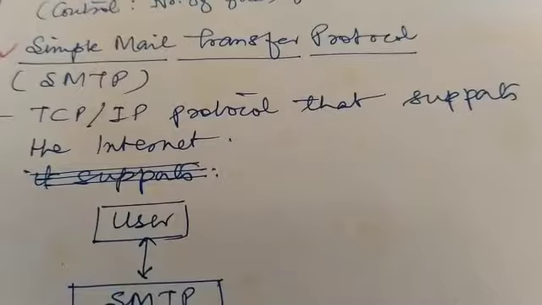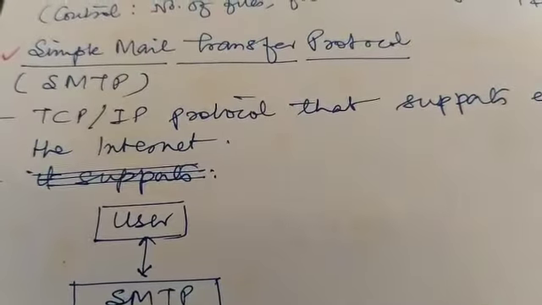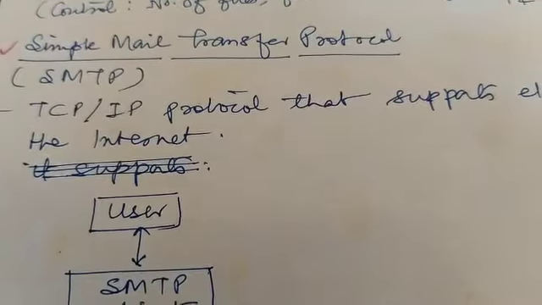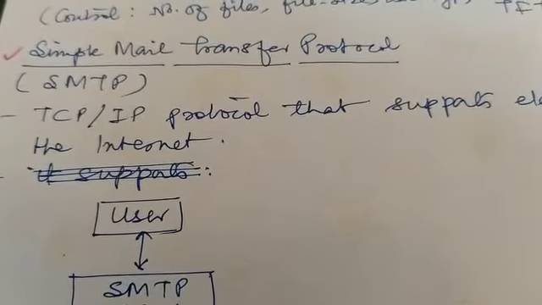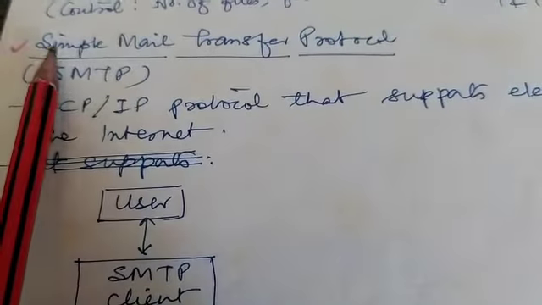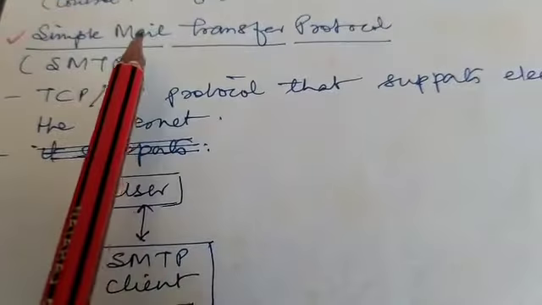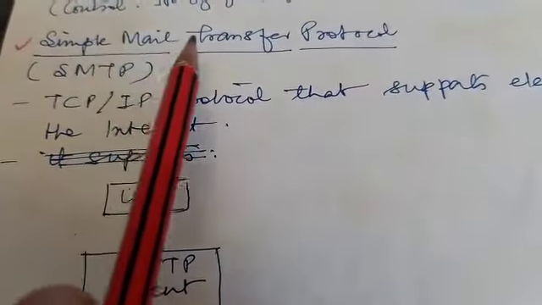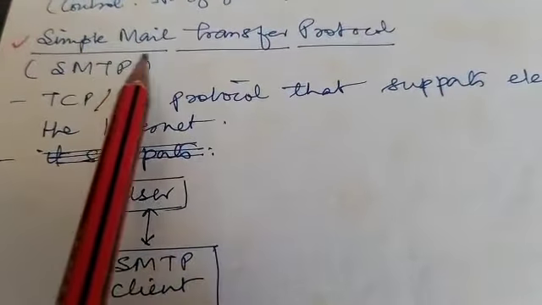So you can see that as the name itself is revealing the purpose of this protocol, it is the simple mail transfer protocol, and therefore it is concerned with the mail, electronic mail, email.